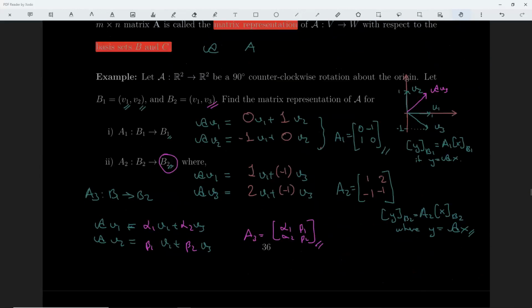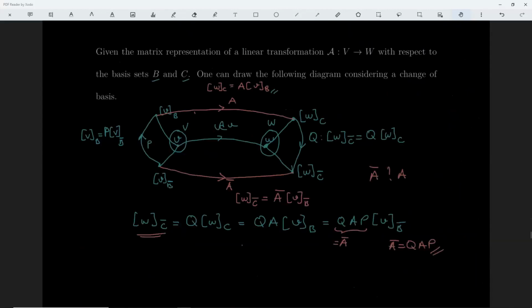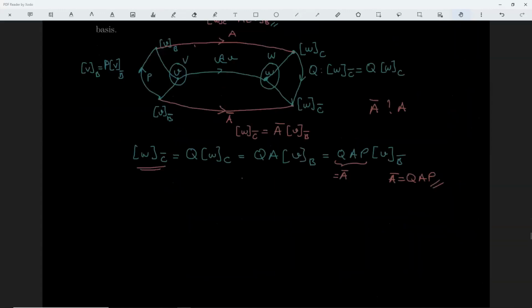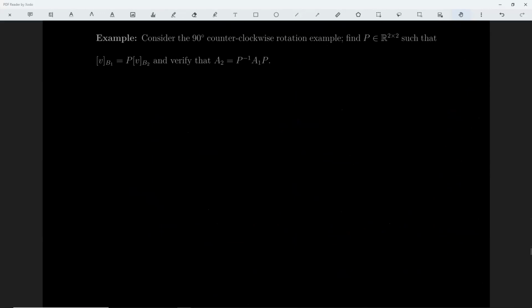Suppose we found these A1 and A2 matrices as before, and let's try to find A1 and A2 in terms of each other by applying this A bar equals QAP approach, by applying the change of basis approach that we have considered here. So maybe you can first try that yourself, and then we can start the next lecture from this example.